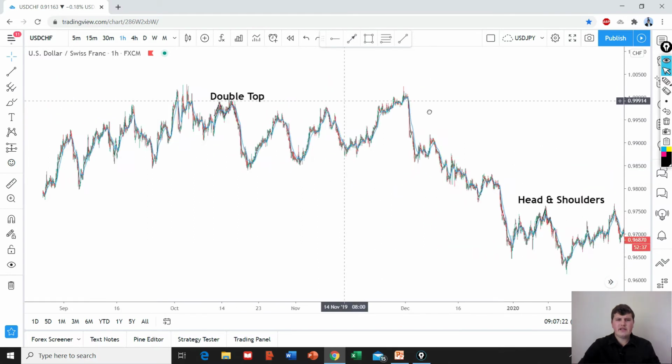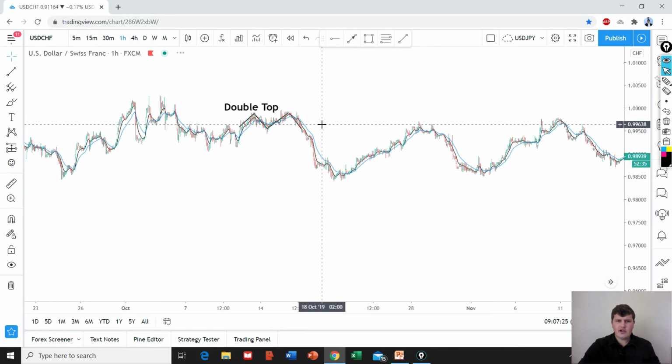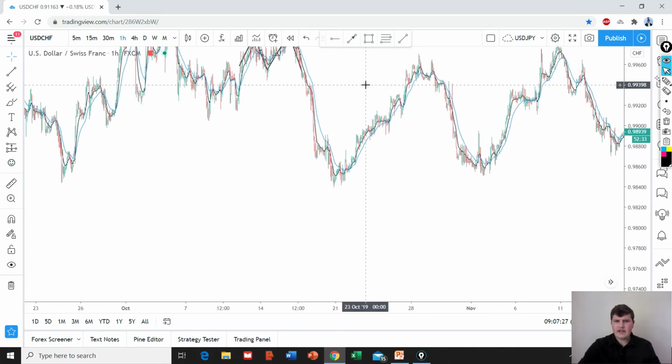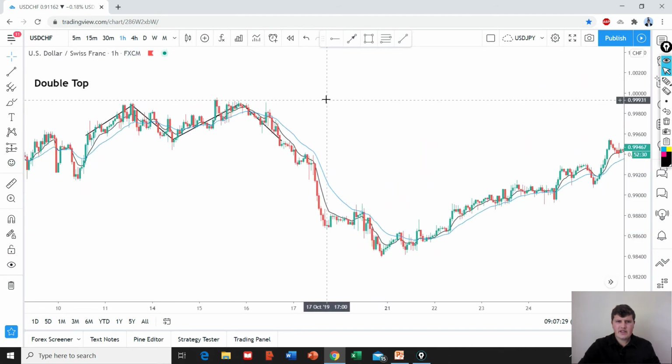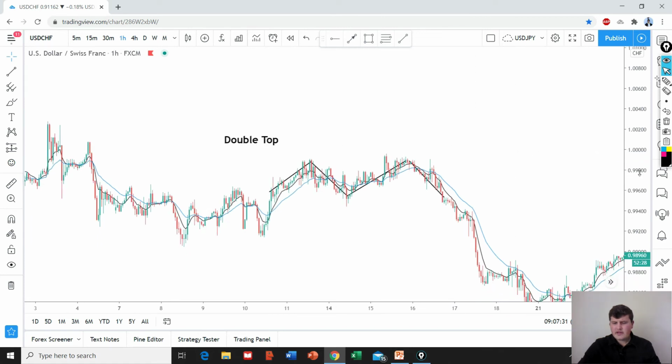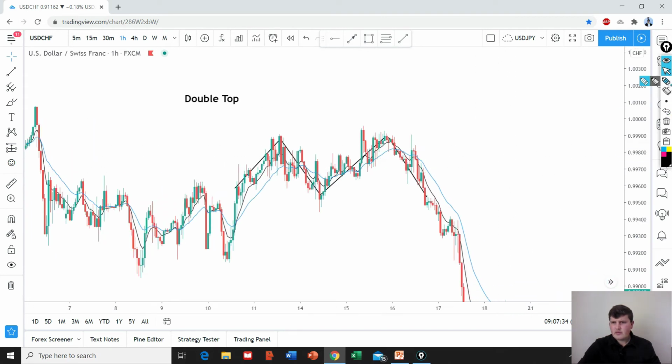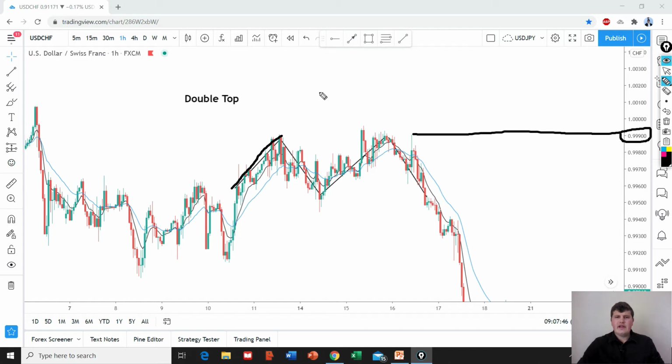Now our first pattern over here is the double top that we discussed, and as you can see, price reaches a certain level over here. Let's say for example that level is 0.999, and then price makes a quick correction.